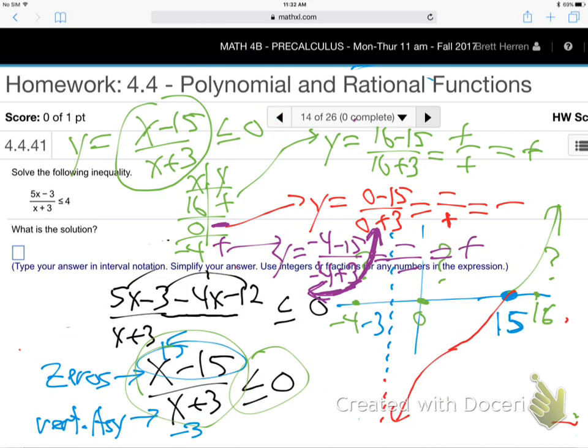So coming back to here, when it's a rational function, when it's a fraction, I've got to make tables, because the bounce pass through thing is not easy to do. So, all right, what's my final answer then? I want to know, where is it less than or equal to 0? So where is this function less than 0? Right here. It's less than all the way up to the 15. But you can't touch the -3, so it's from -3.